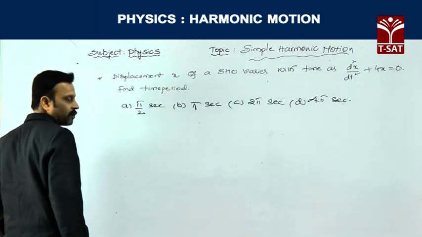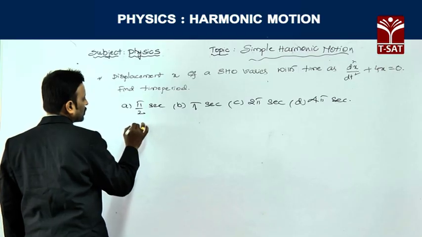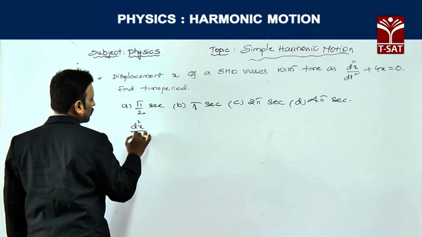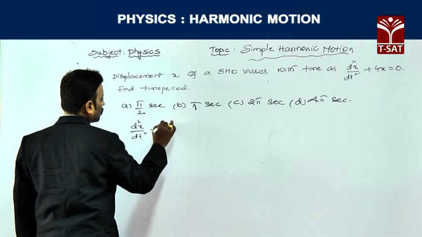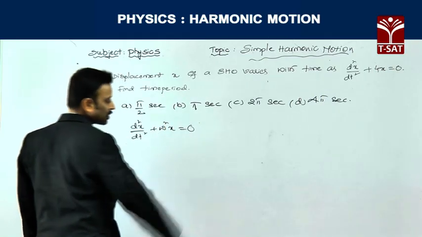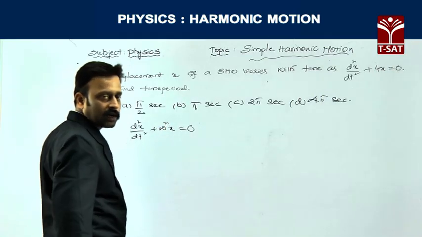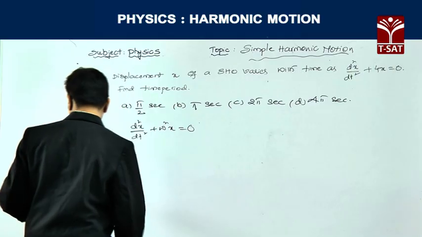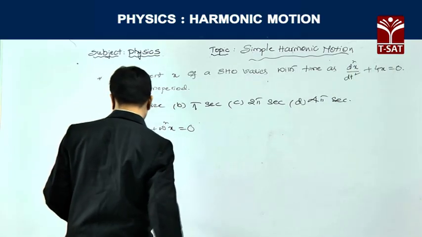What is the differential form of acceleration of a particle executing SHM? d square x by dt square plus omega square x is equal to 0. That is the differential form of acceleration of a particle executing simple harmonic motion.